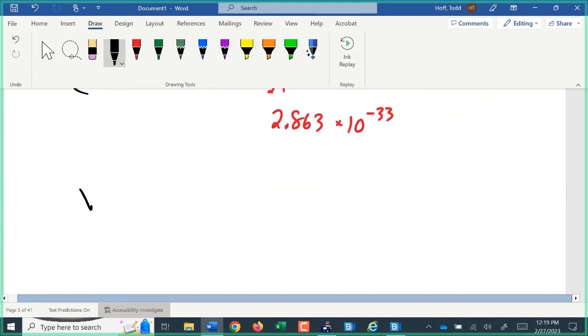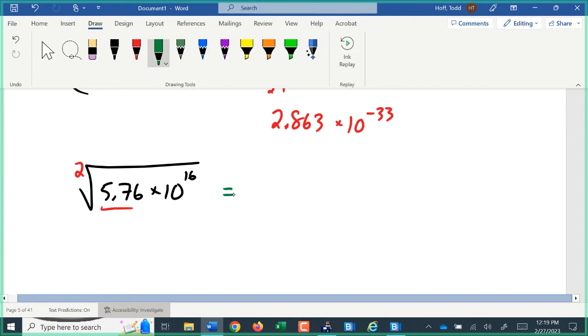And of course, we can do roots. We can have the square root of, let's see here, 5.76 times 10 to the 16th. Now remember, it's not written here, but this is really an index on that root of 2. You take the square root of the number. The square root of 5.76 is 2.4.